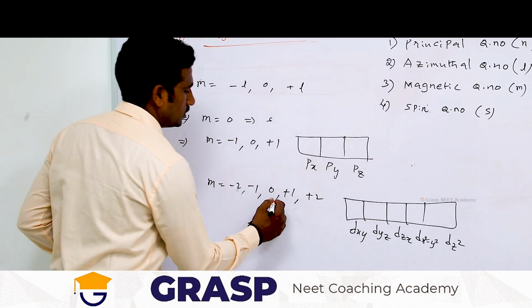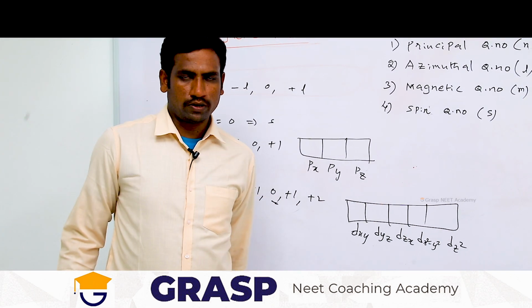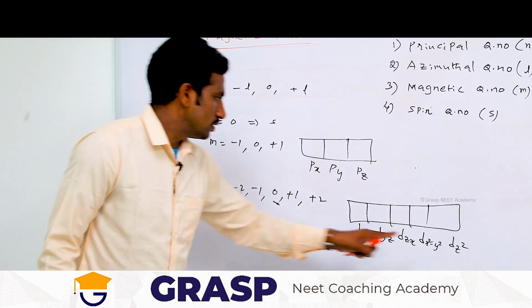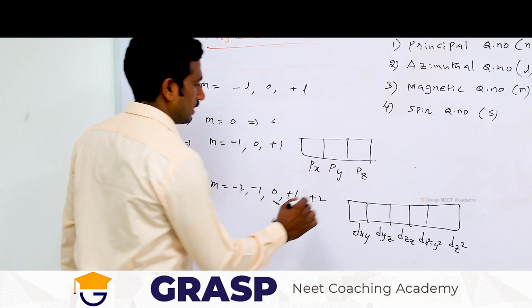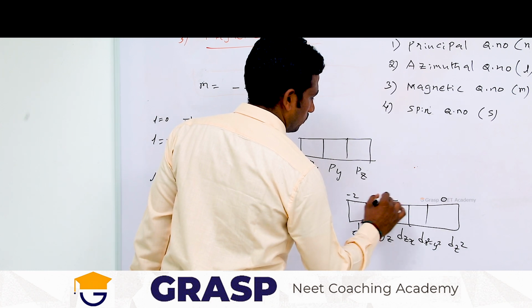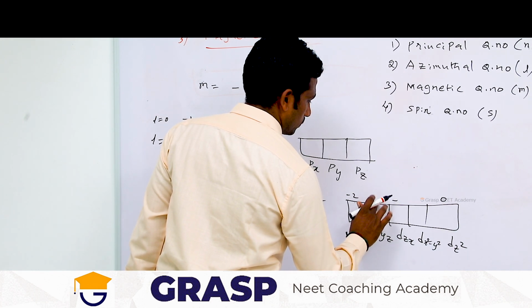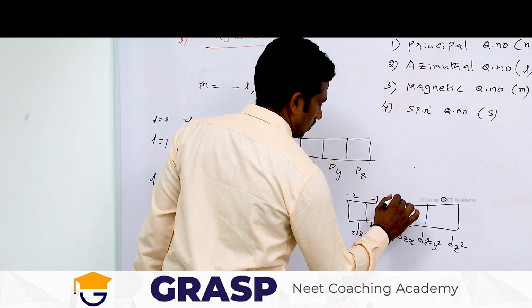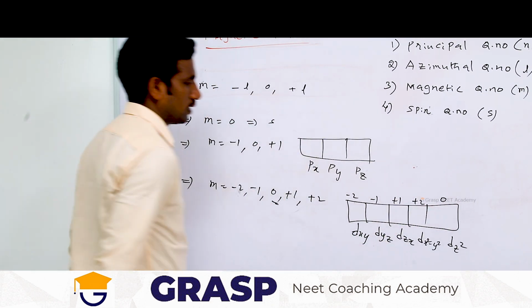So the 0 value in general is used for the dz square orbital. You can write minus 2, minus 1, 0, plus 1, plus 2.